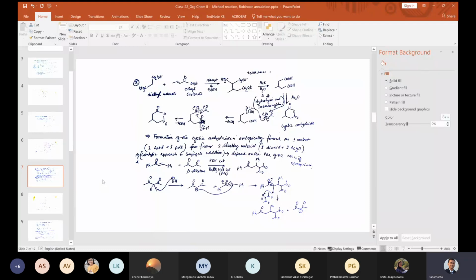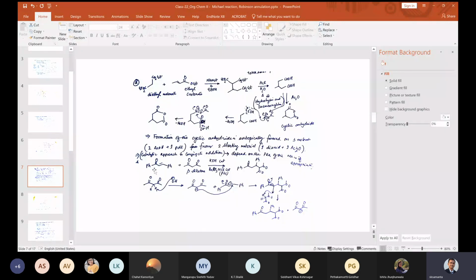The answer is yes, we can do this reaction only if the negative charge that is generated in the product has a pKa which is suitable for picking up the proton from the reactant nucleophile, or from the beta diketone, or from the active methylene compound that we take to do the reaction. Okay, let me give you the example, then you will understand.